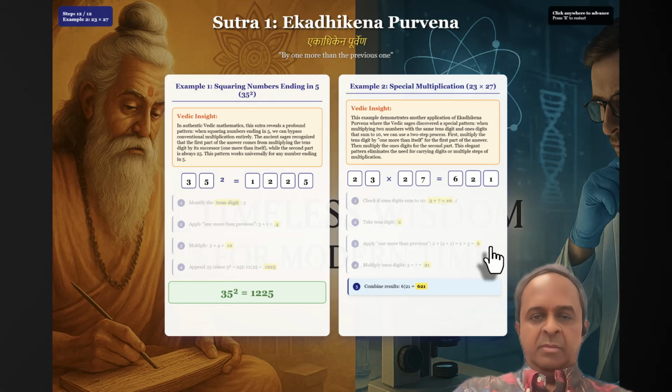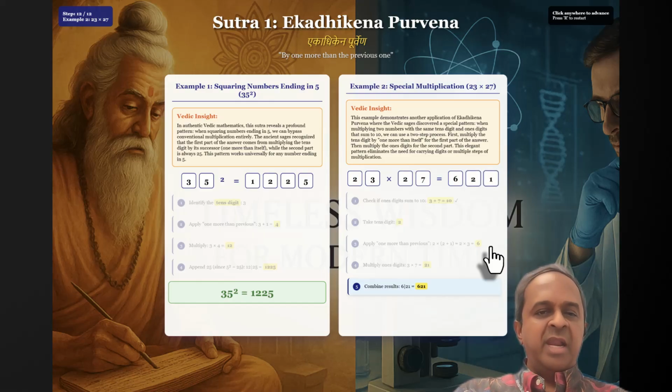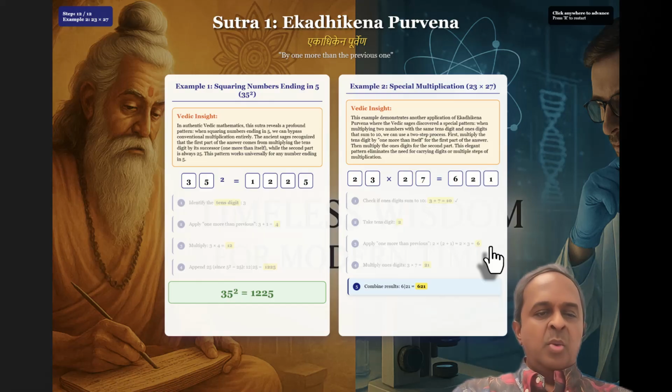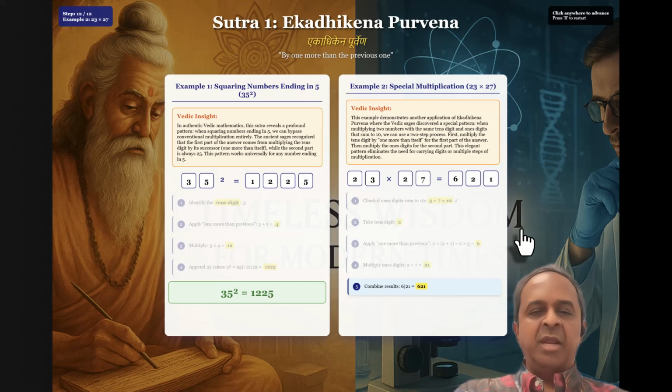So in conclusion, Sutra 1, Ekadhikena Purvena, demonstrates the elegance of Vedic mathematics, turning complex calculations into simple, systematic procedures. The Vedic insights we have explored today reveal how ancient sages recognized universal patterns in numbers, creating methods that remain relevant and powerful even in our modern world.